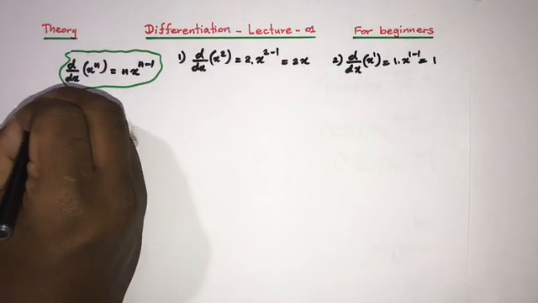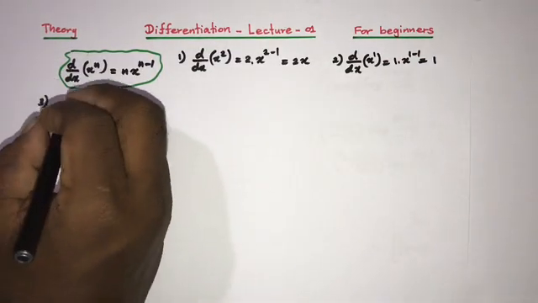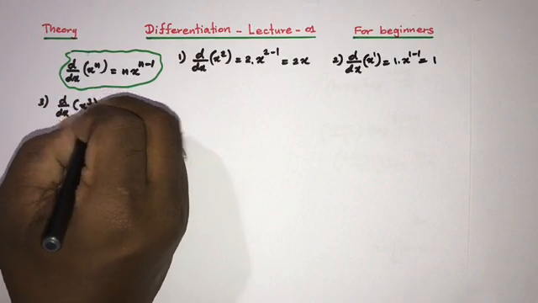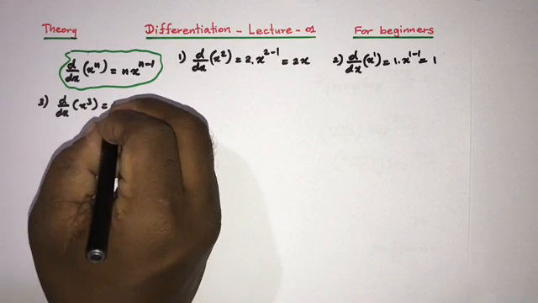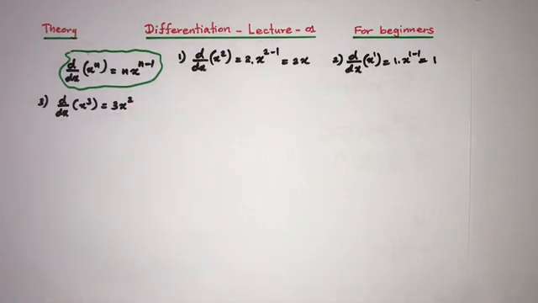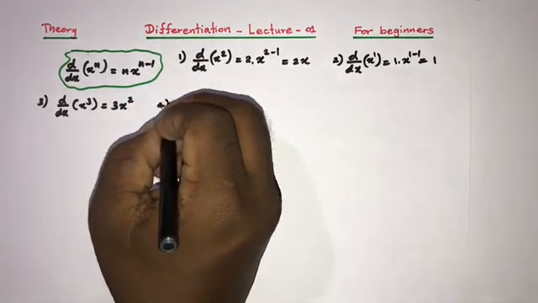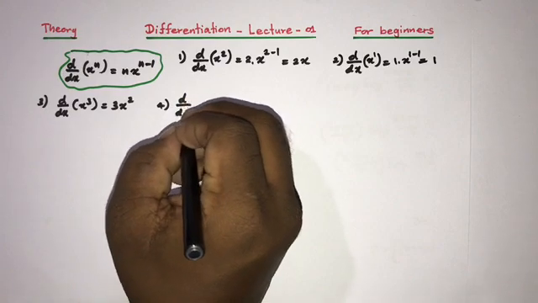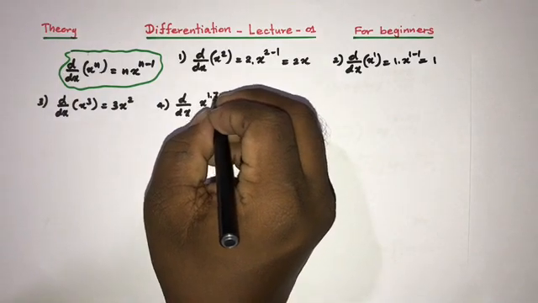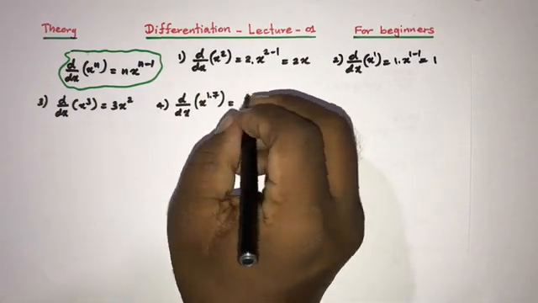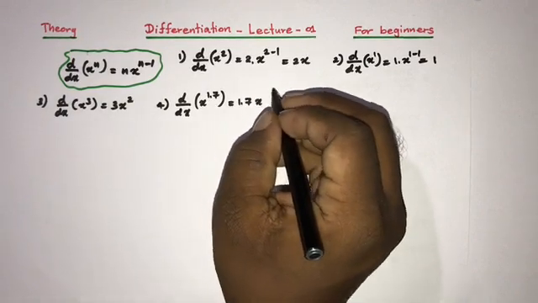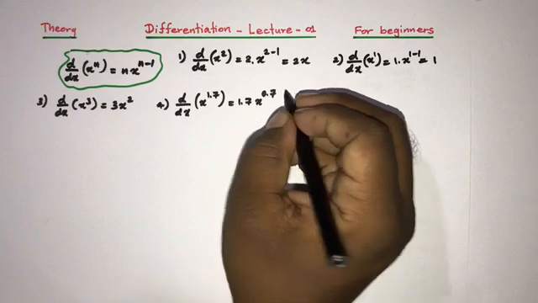Then example number 3, the derivative of x to the third power, x cubed, is equal to 3 times x squared. Then example number 4, the derivative of x raised to the 1.7. So we have 1.7 x raised to the 1.7 minus 1, so 0.7.